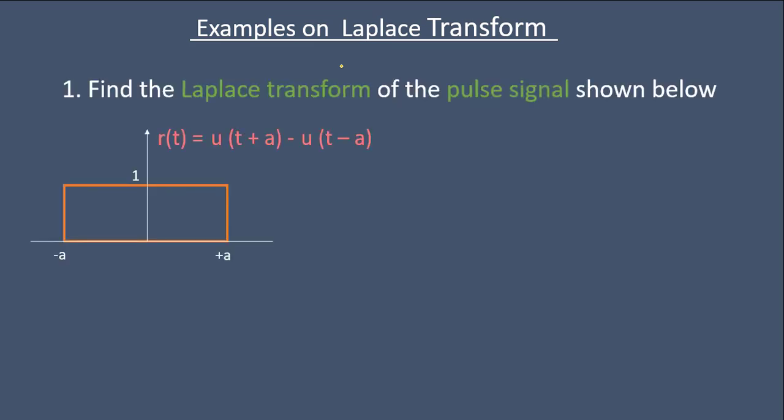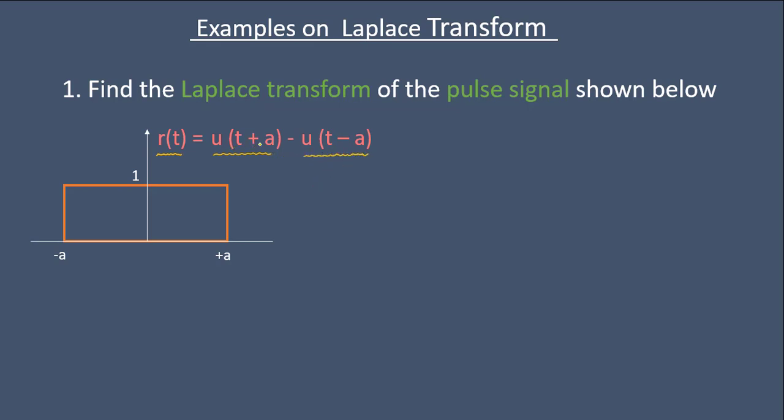The first question is, find the Laplace transform of the pulse signal shown below. You have a pulse signal from minus a to plus a. Its height or magnitude is 1 and the signal is given by r of t, which is u of t plus a minus u of t minus a.